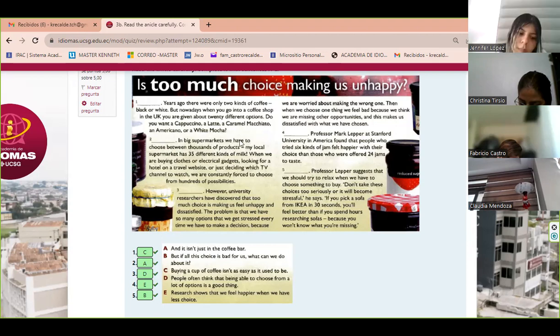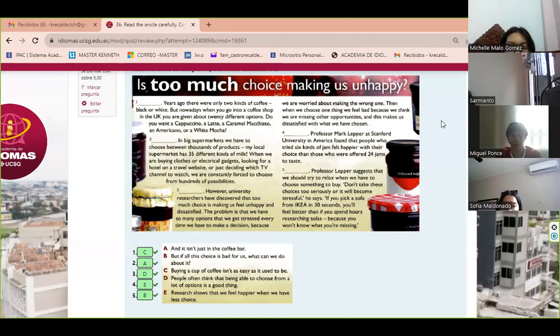Continue. In big supermarkets, we have to choose between thousands of products. My local supermarket has 35 different kinds of milk.